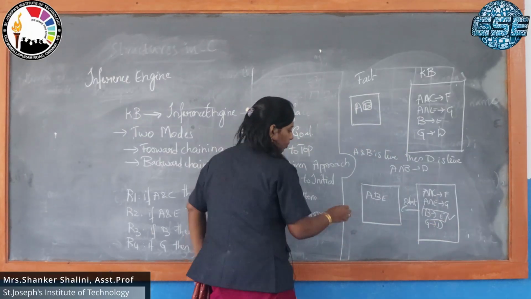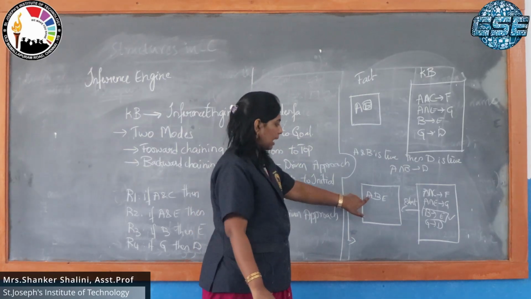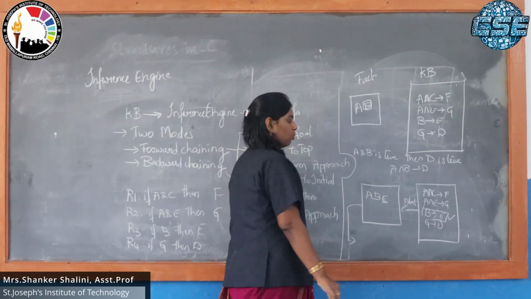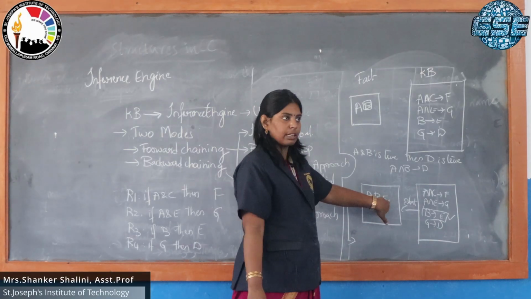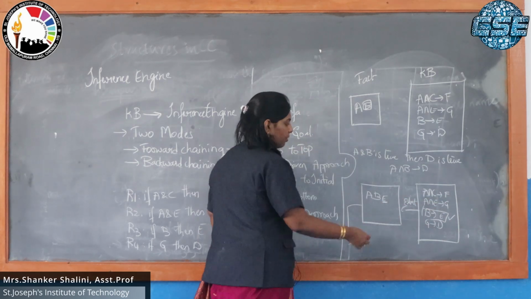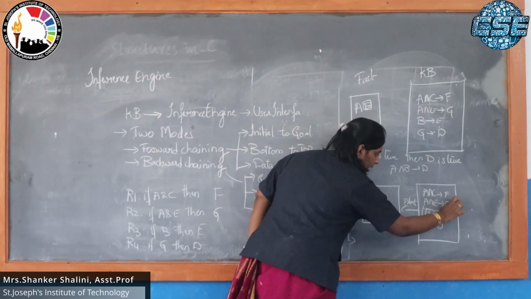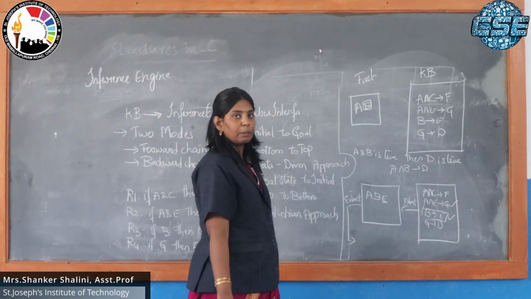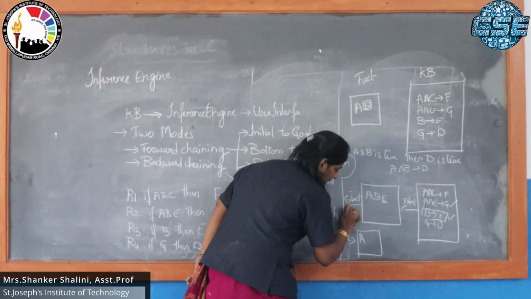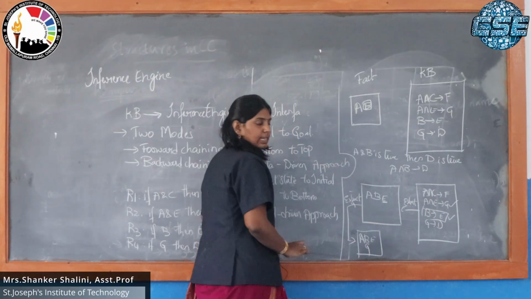Next we extract again. We now have A, B, E. We extract E. What is E here? A and E is in the rule itself, so A and E tends to G. With the help of this statement we extract G, so A, B, E and G. G has come inside.